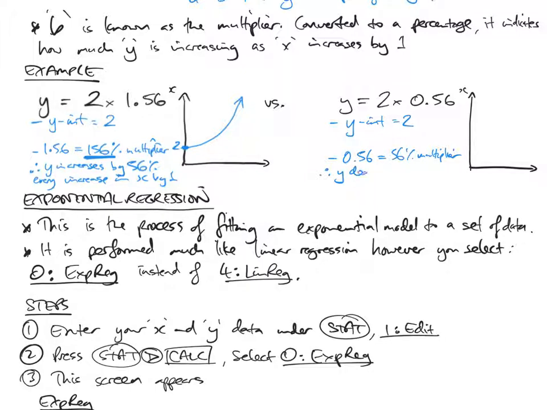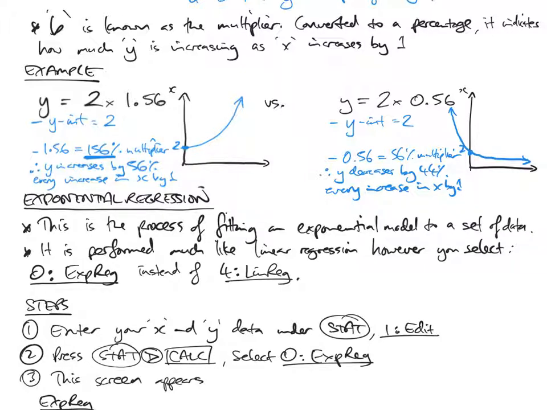Y decreases by 44% every increase in x by 1. So as it's going across the x-axis to the right, it's going down. So it's still got a y-intercept of 2, but this time it's sort of shaped like this. It's starting from the top and heading down to the right instead, unlike the other graph.